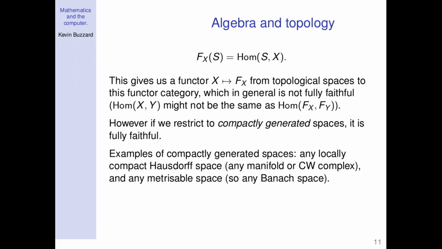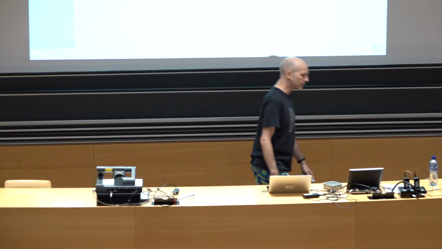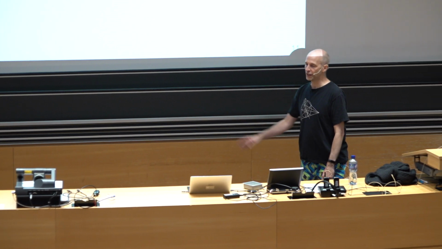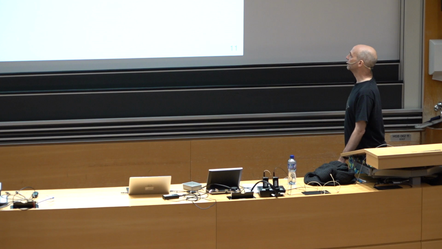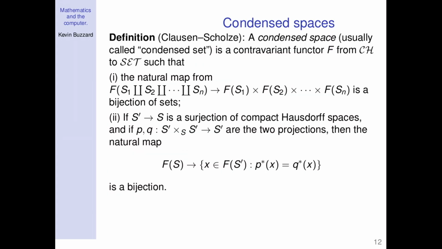So the kind of X for which we're losing information are really quite weird things that some people might well study, but if you're interested in differential geometry, then you might not be so interested in these weird spaces that we're losing track of.